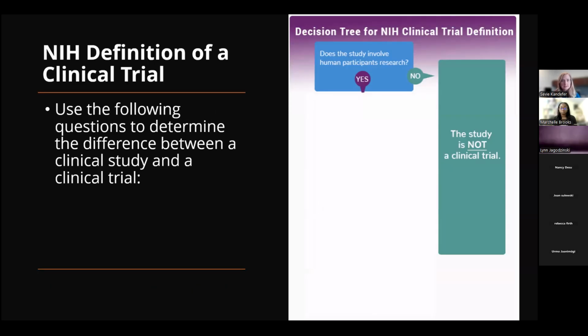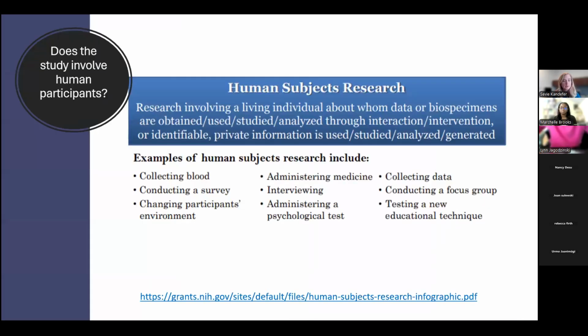The first question is, does the study involve human participants research? So what is a human participant? If you go to the NIH website, they define human subjects research as research involving a living individual about whom data or biospecimens are obtained, used, studied, analyzed through interaction, intervention, or identifiable private information is used, studied, analyzed, and generated.